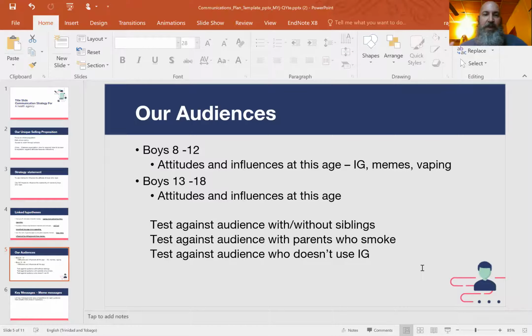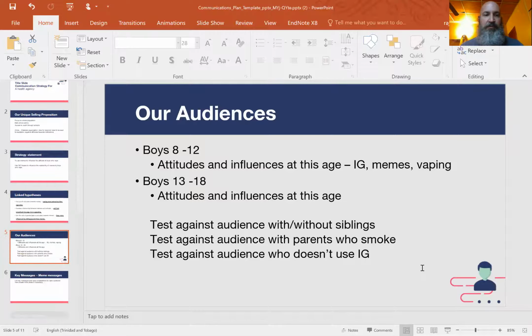You might want to test the audience against those who have parents who smoke or don't smoke. And you might want to test the audience on Instagram and those who don't use Instagram, because they would have access to the memes or not. So you might think about the way your short questionnaire is actually going to tackle some of these variables.